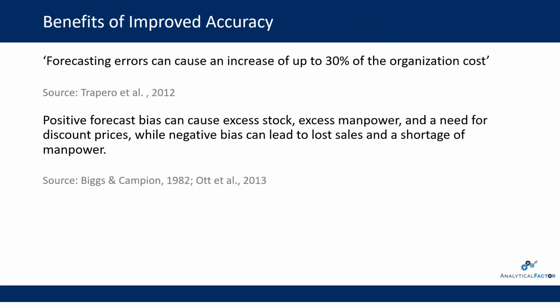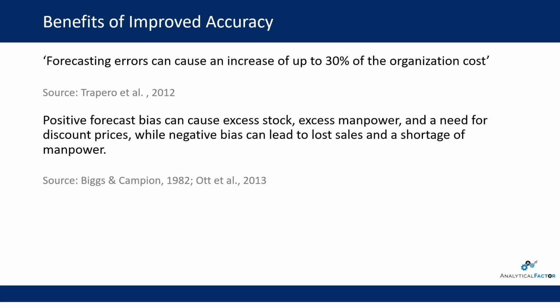A couple more pieces of information. Forecast errors can cause an increase of up to 30% in organizational cost. Think about it: 30% of organizational cost tied to forecast error. If you have too high a forecast, you've got excess inventory, excess stock, excess manpower, and you need to discount prices.